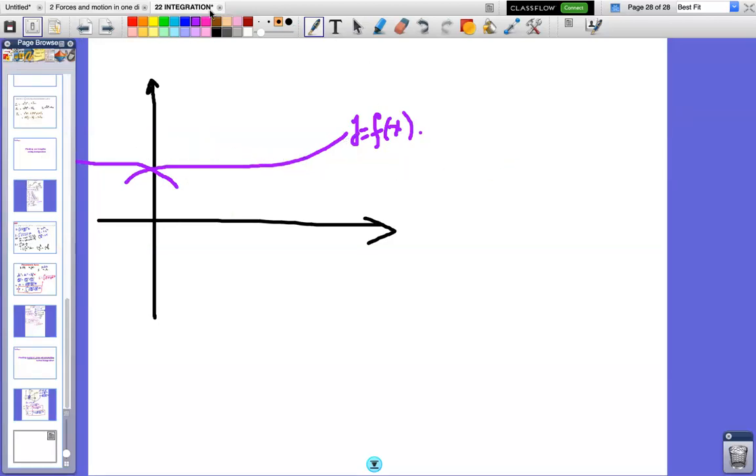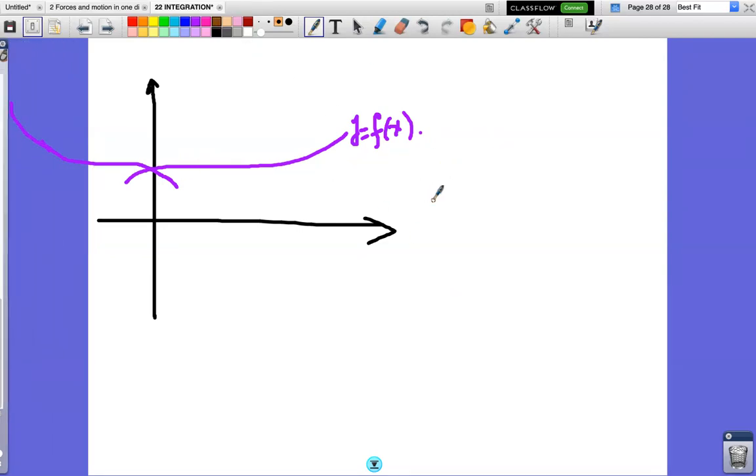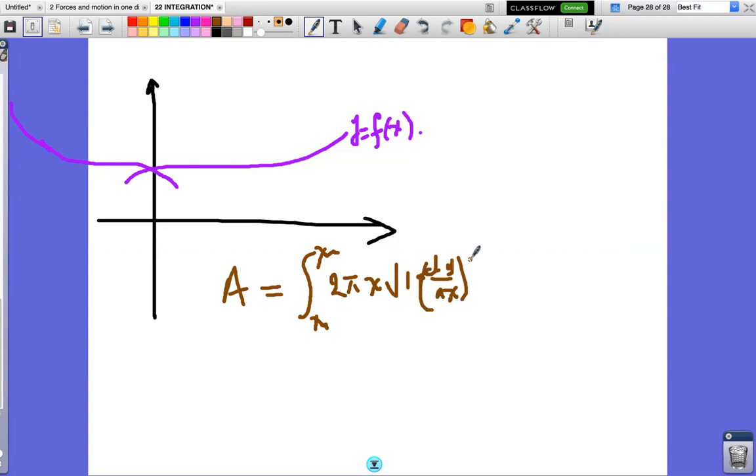Then using the same method, we can show that your area of revolution will be the integral from x1 to x2 of 2 pi x square root of 1 plus (dy on dx) squared, dx.